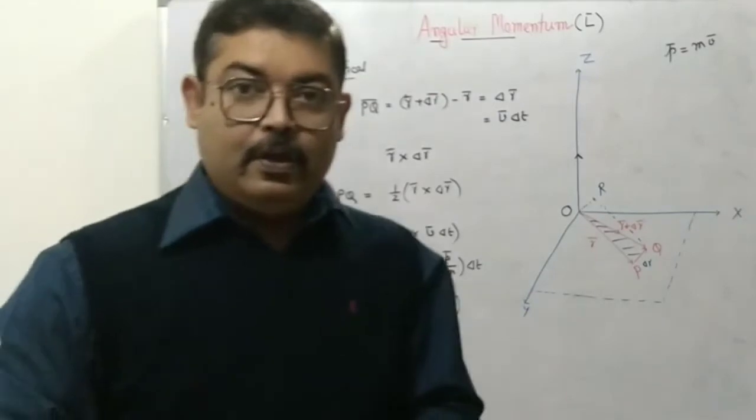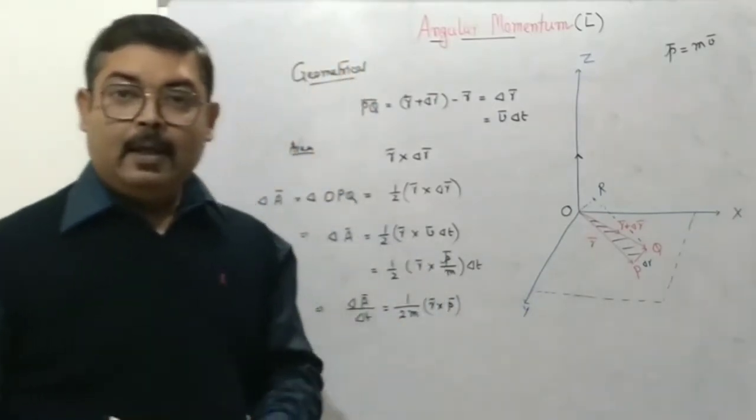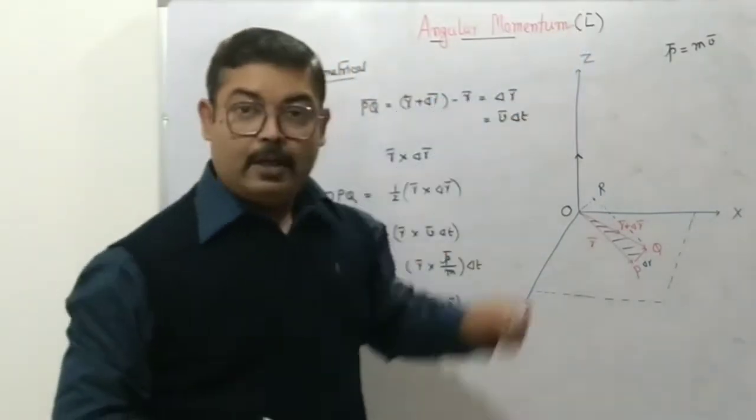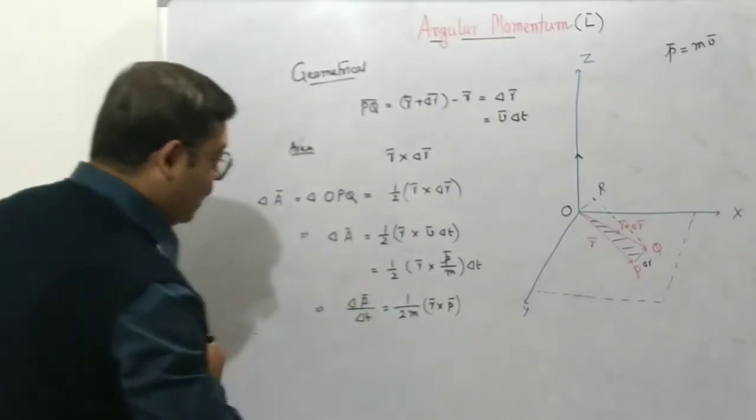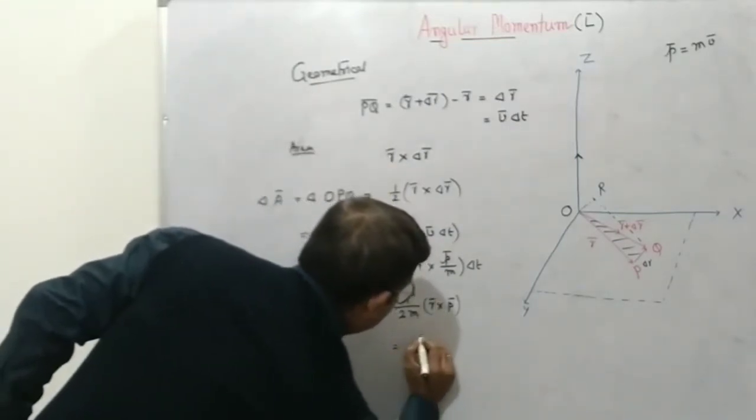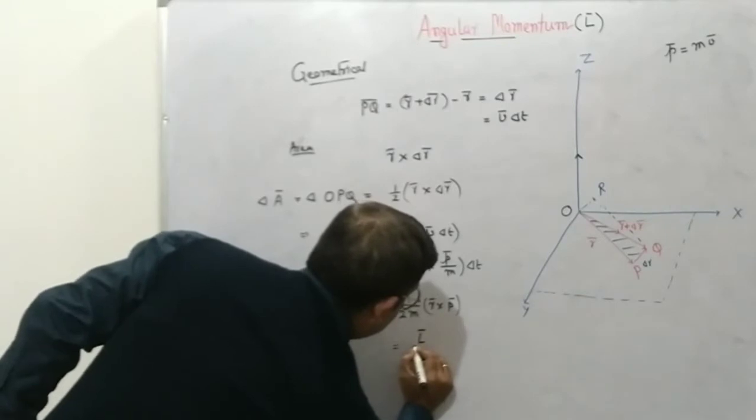From a previous video, we already know that r cross p is equal to the angular momentum. So we can substitute the value and we get delta A by delta t equal to half L by m.